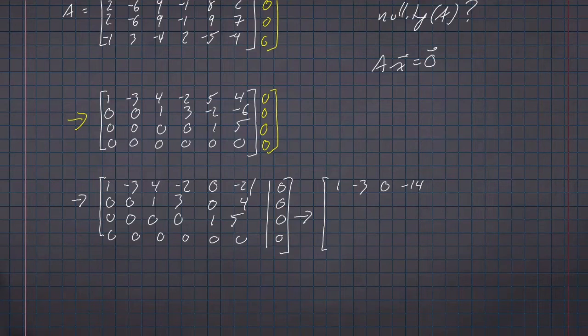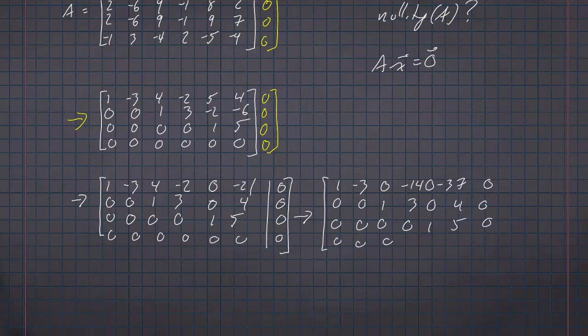Negative 21 minus 4 times 4 is negative 21 minus 16, which is negative 37. Not too much happens in the last couple of rows.